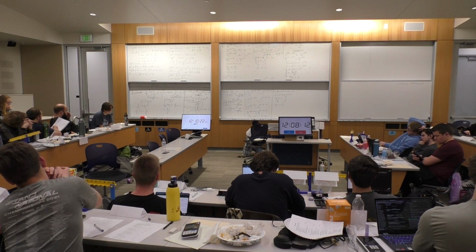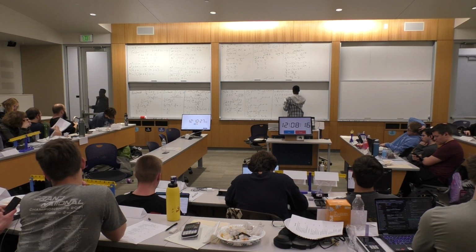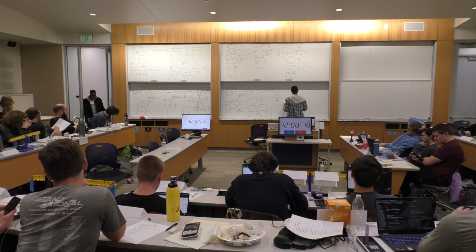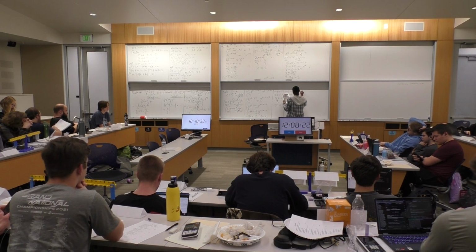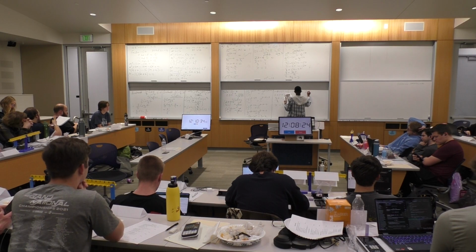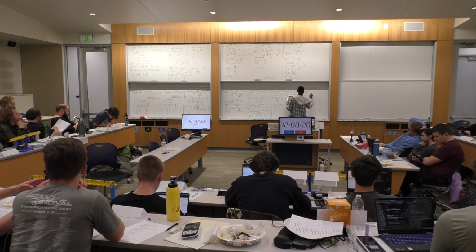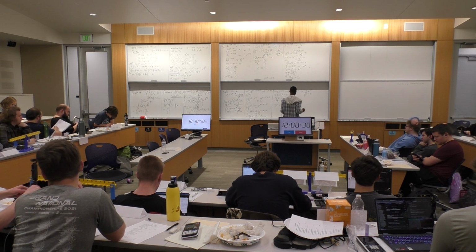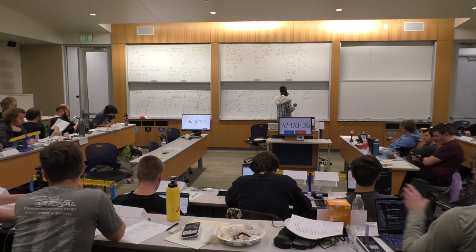So let's evaluate this. We want to evaluate 3 power x equals 27 power 2x over 3 power x plus 1. So here simply solution. So this is what?